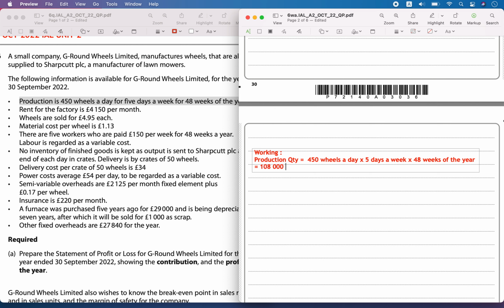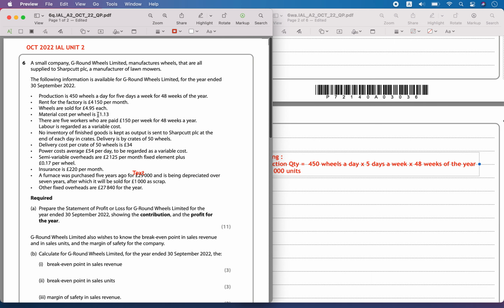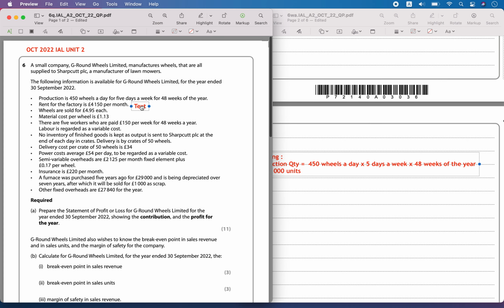So 108,000 units are being produced. Rent for the factory per month is fixed, so this is a fixed cost.